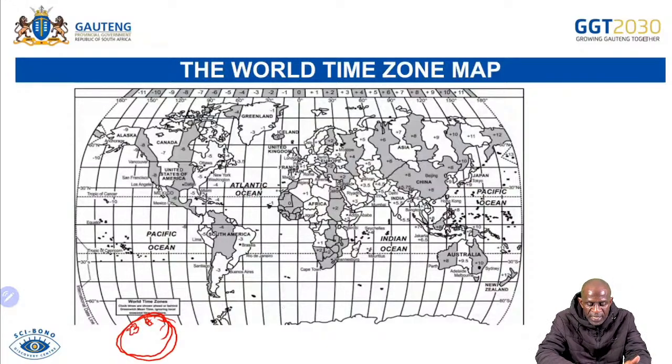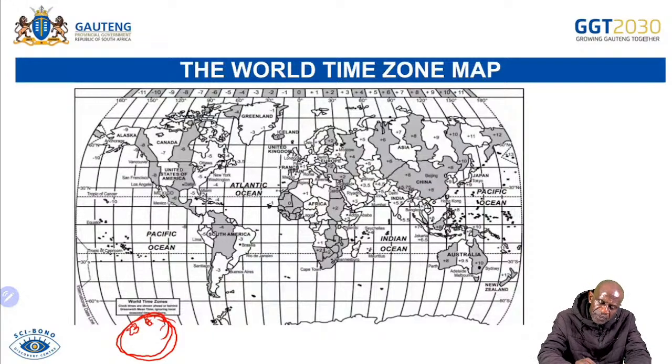So it is missing from here, but you will be provided in every assessment with a map that has all the details of time, so that it will help you with calculations.